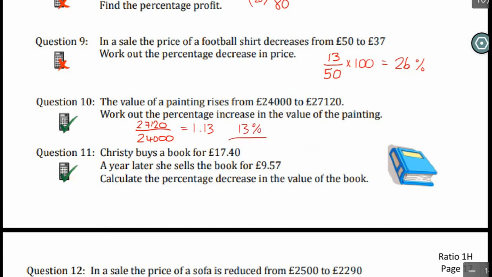Okay. Christy buys a book for £17.40 and sells it for £9.57. So we're going to do new, £9.57, divided by old, £17.40.